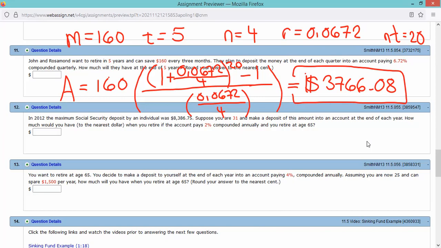Let's see, in 2012, the maximum Social Security deposit by an individual was $8,386.75. Suppose you are 31 and make a deposit of this amount into an account at the end of each year. How much would you have to the nearest dollar when you retire if the account pays 2% compounded annually and you retire at age 65?